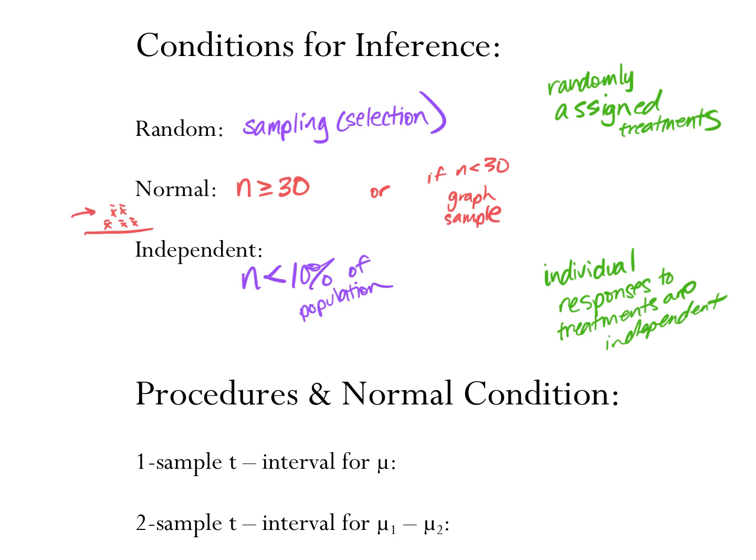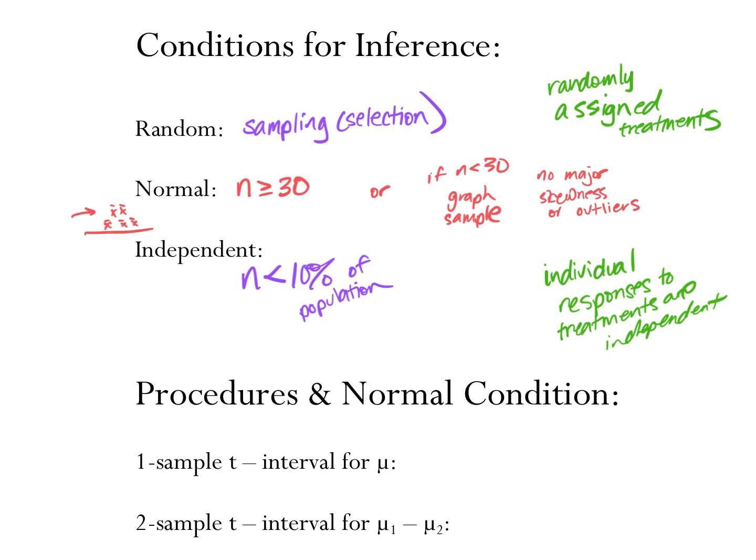And so what we look for in the sample is, does it seem reasonable that we're coming from a well-behaved population? If I have no major skewness or outliers in my sample, then it's reasonable to assume there's no major skewness or outliers in my population, so I can still assume those x bars will be normal, okay?